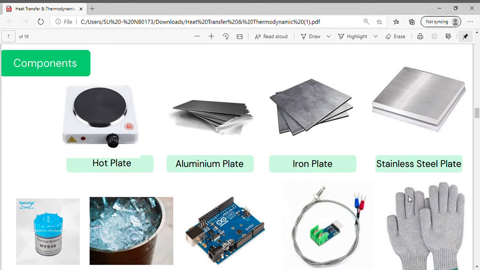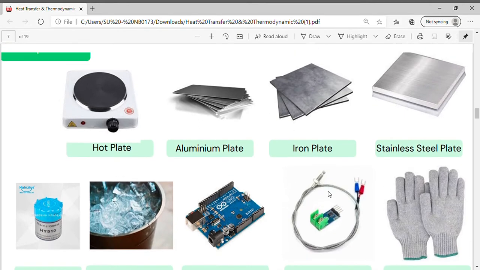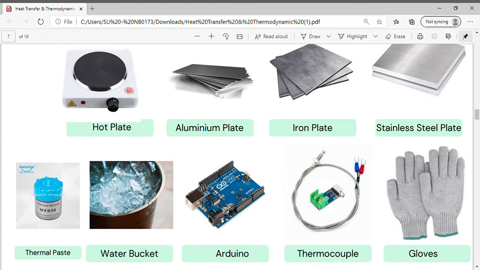These are some components that we use during this experiment. So we need to have the hot plate, which is used as the source of the heat, and then these plates as the materials, which are aluminum, iron, and stainless steel.